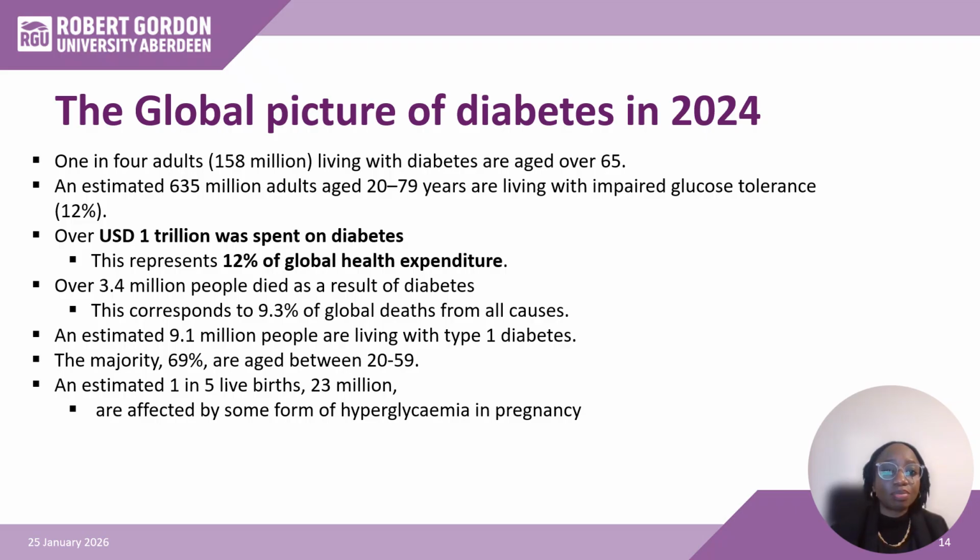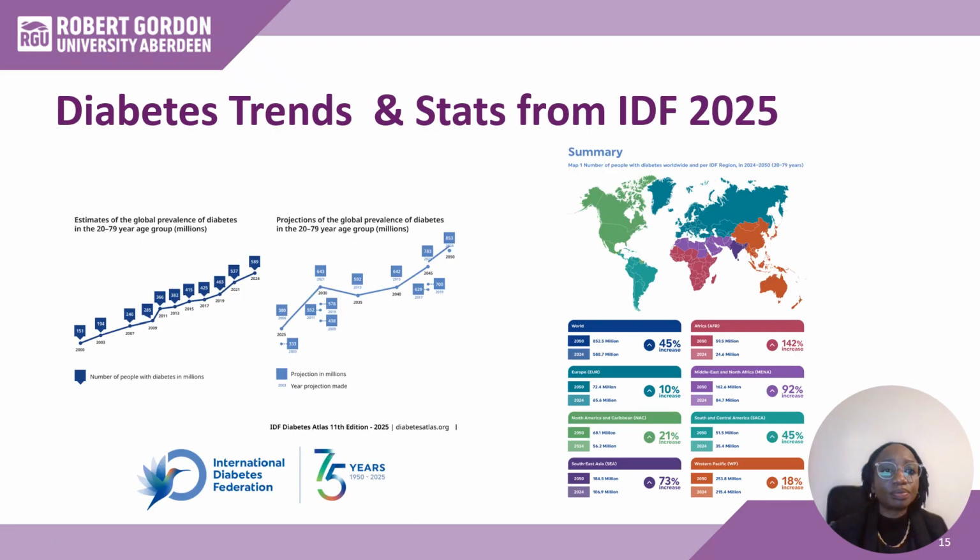Okay, of the many millions with diabetes, around 10 million are living with type 1 diabetes. And it is estimated that one in 5 live births are affected by some form of hyperglycemia of pregnancy. Again, that's a big number overall.